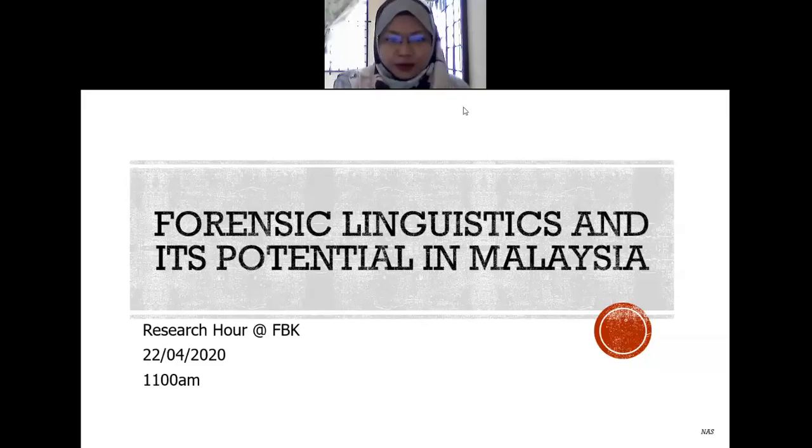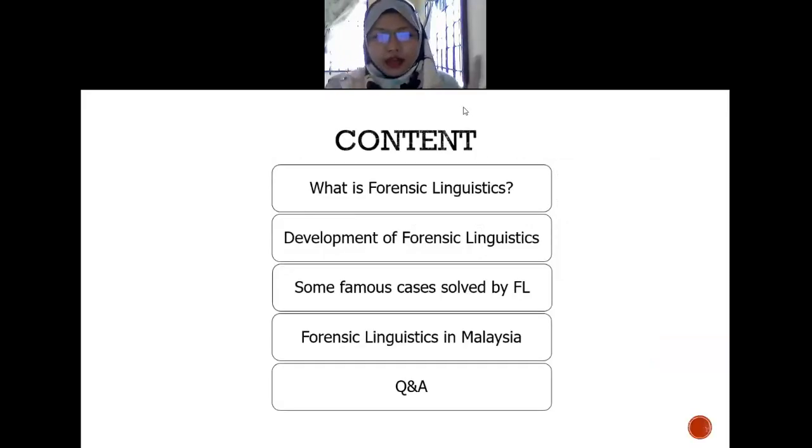Okay, if everyone is ready, I'm going to proceed with the first slide, which shows the things I'm going to touch on during this session. I'm going to talk about what forensic linguistics is, by giving some definitions and subfields. Then we're going to look at the development of forensic linguistics, a brief history, some of the research conducted, and some famous cases solved by forensic linguists.